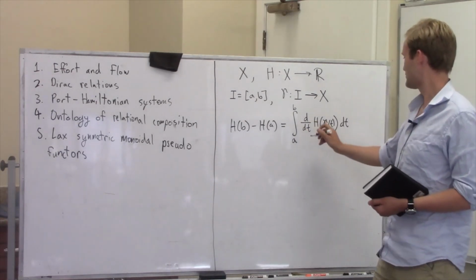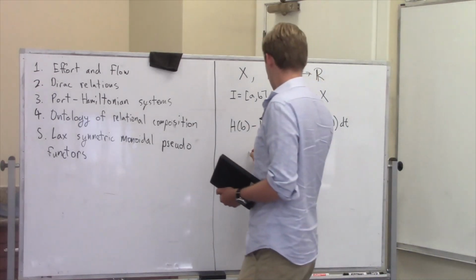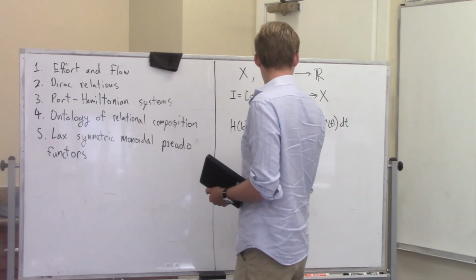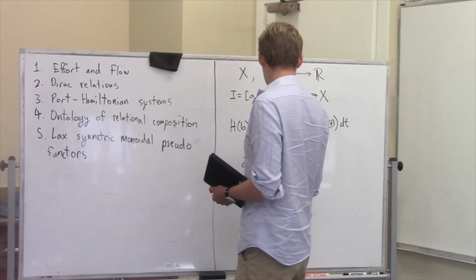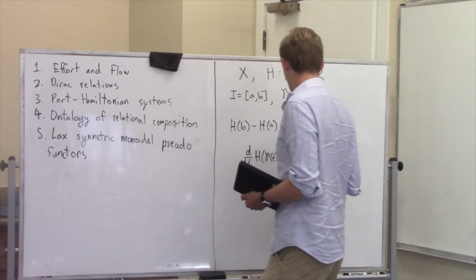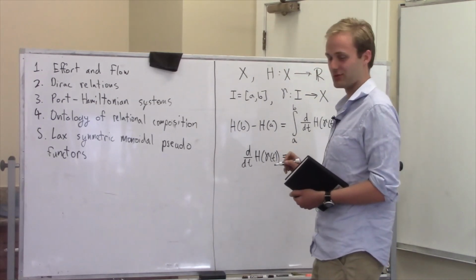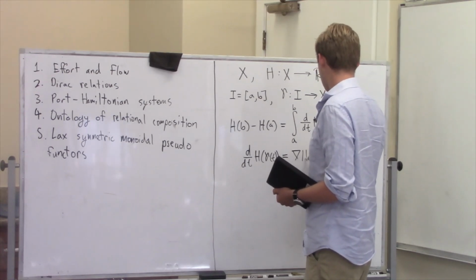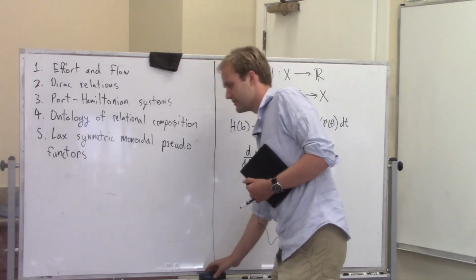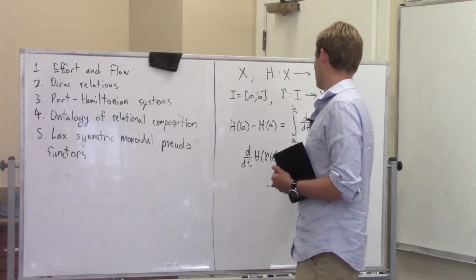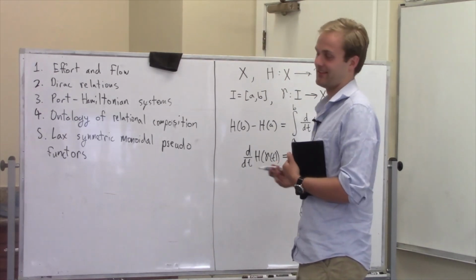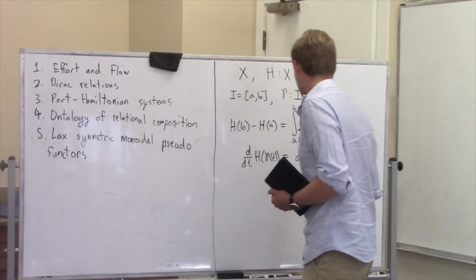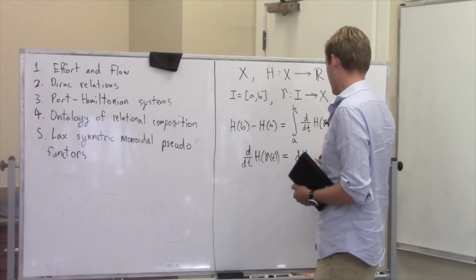And now let's just look at this. Let's pull this out and look at d dt H of gamma t. Well, chain rule. This is the gradient of H, though we're doing differential geometry, so we're going to say the differential of H, evaluated at the point gamma of t.